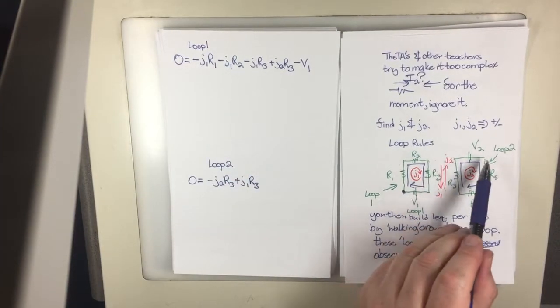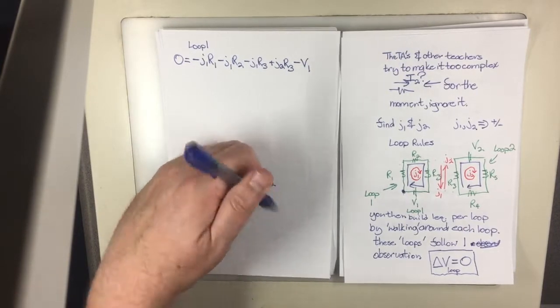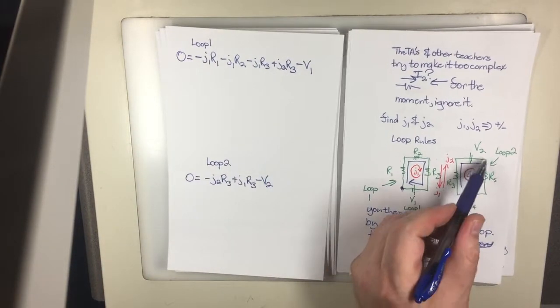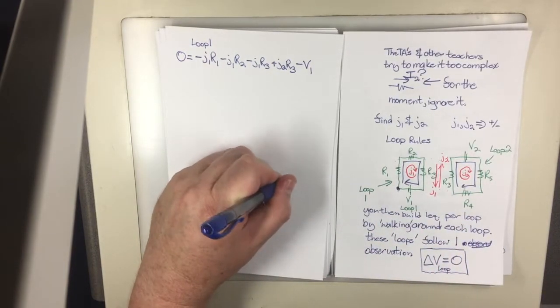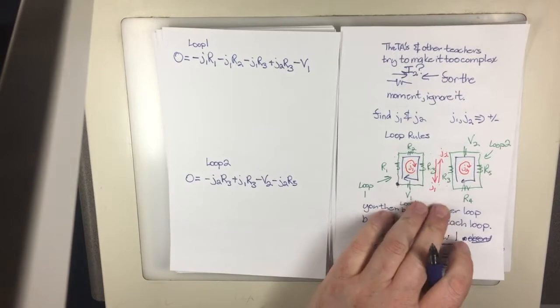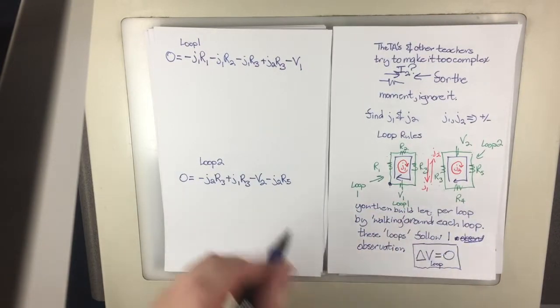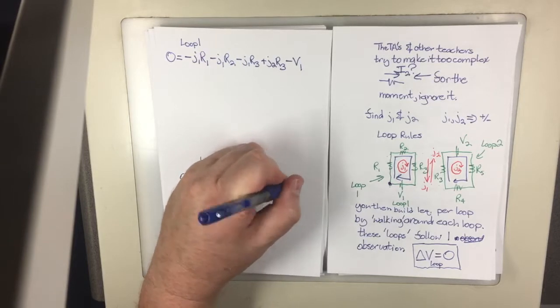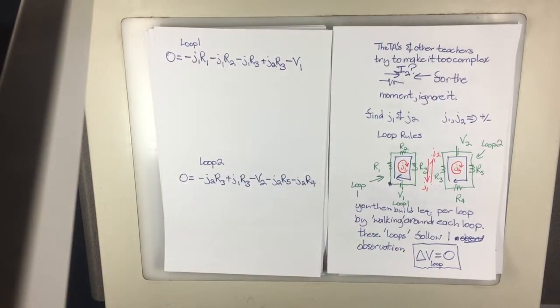I go from there to there, which means I have minus V2. I go with J2 across R5, so minus J2 R5. And if I go from there to there, it's minus J2 R4. And so those are all the steps for loop 1 and loop 2.